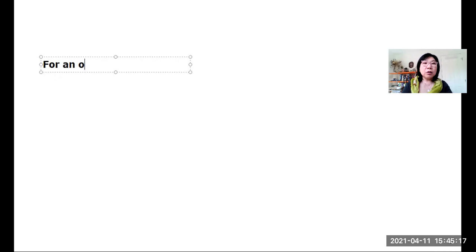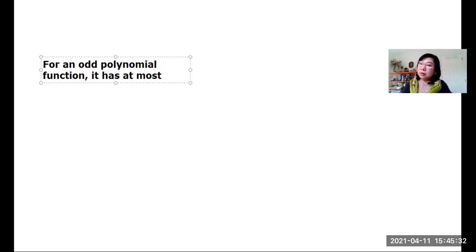For an odd polynomial function, it will have at most n real zeros. So this is the same, right? At most n real zeros.